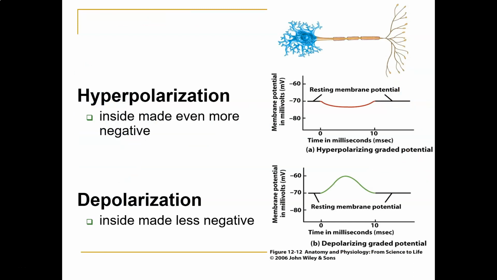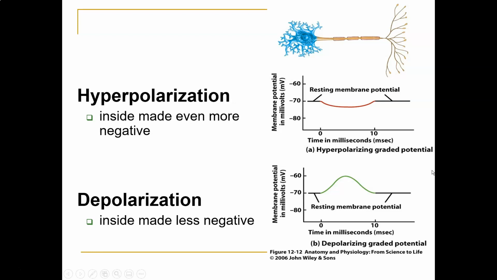Before I get to that, though, some vocabulary here. When these ion gates open, if the resting membrane potential becomes more negative than -70, as you see in this graph up here, then we call that hyperpolarization. And if the membrane becomes more positive than the resting membrane potential, even if it's just going from, say, -70 to -60, that's called depolarization.